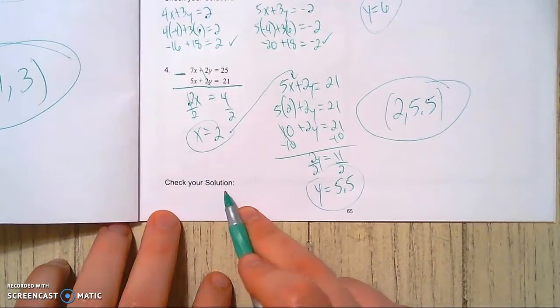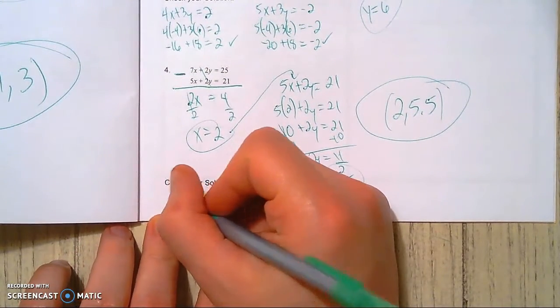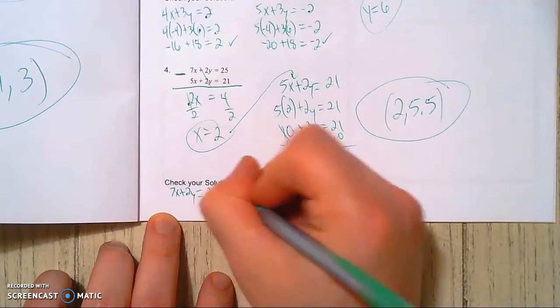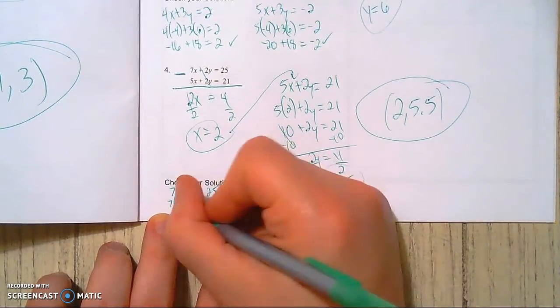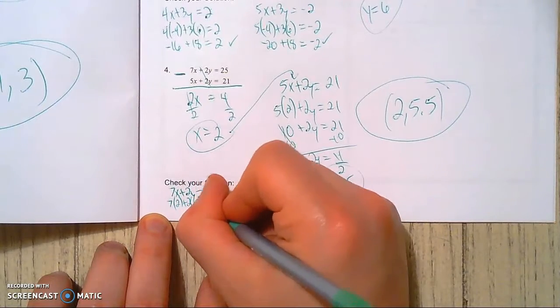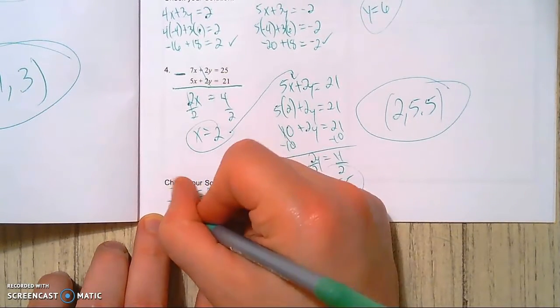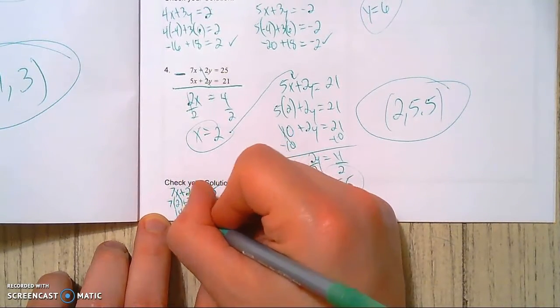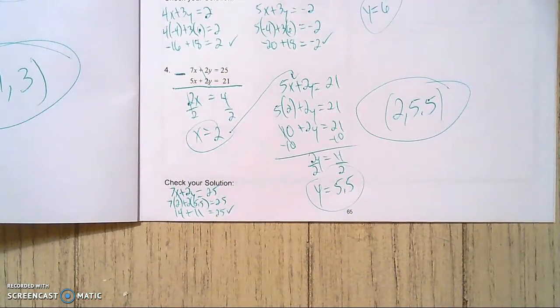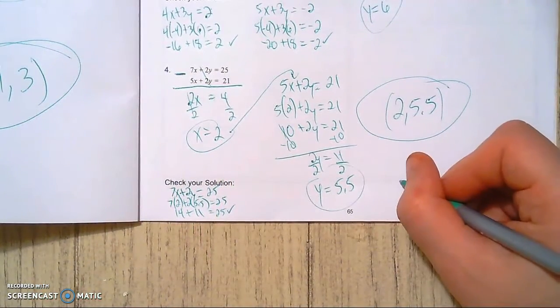So to quickly check that solution and wrap this up, original equation, 7x plus 2y equals 25, and that's 7 times x is 2, plus 2 times y is 5.5, 7 times 2 is 14, 2 times 5.5 is 11, and 14 plus 11 does equal 25, so there's one, and I'm going to go over here for the other.